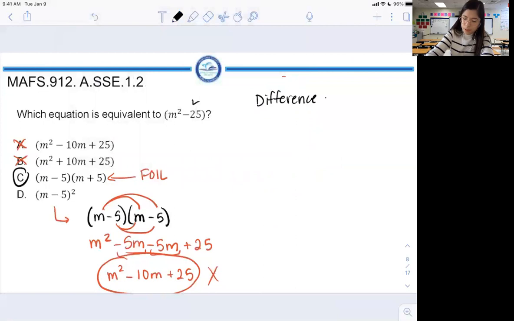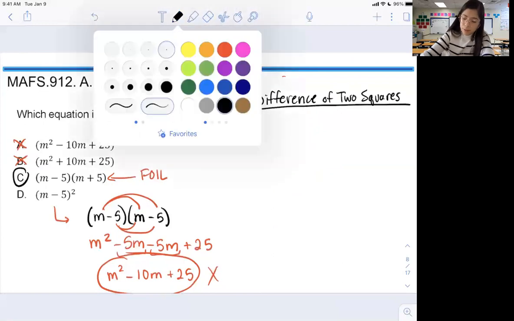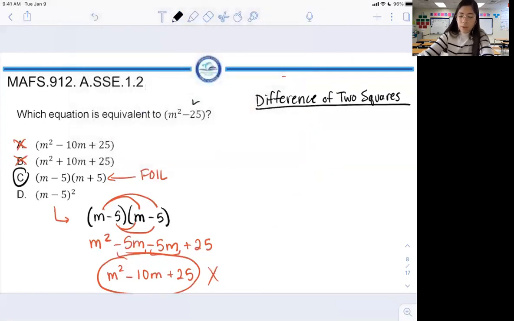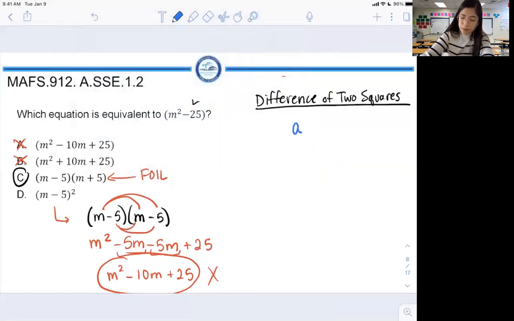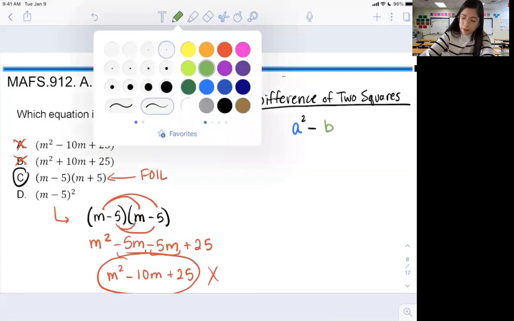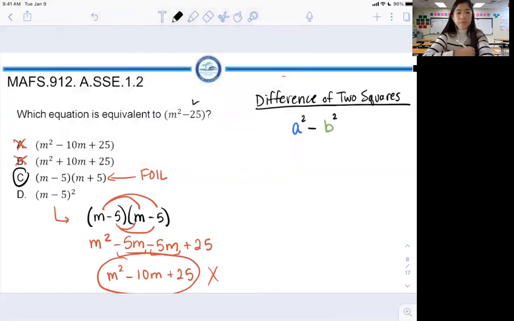Difference of 2 squares. Okay, write this down because this might come up and we want to make sure that you know it. So anytime that you have 2 numbers, any numbers, so I'm going to call them A and B, that are going to the power of 2, so A squared minus B squared, that's why it's called the difference of 2 squares, right?